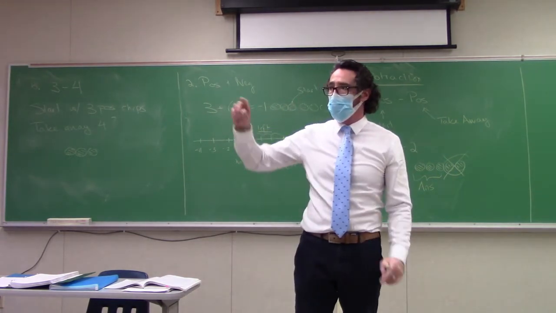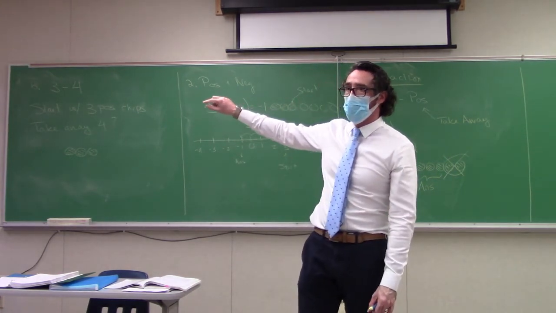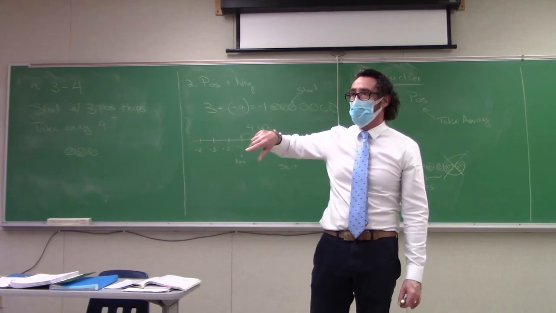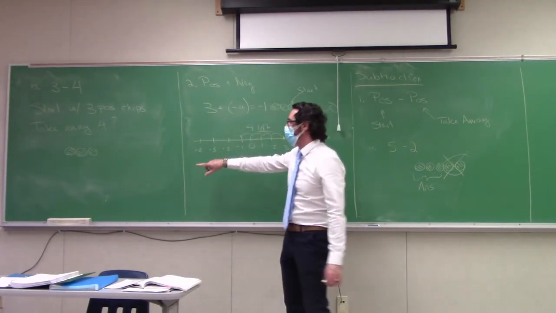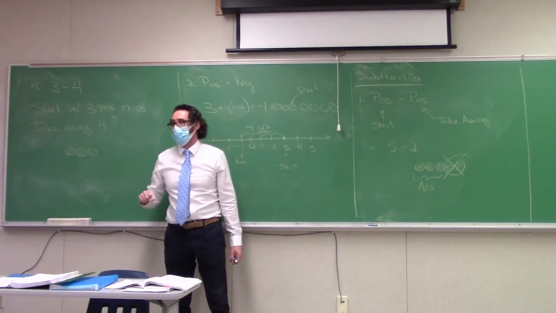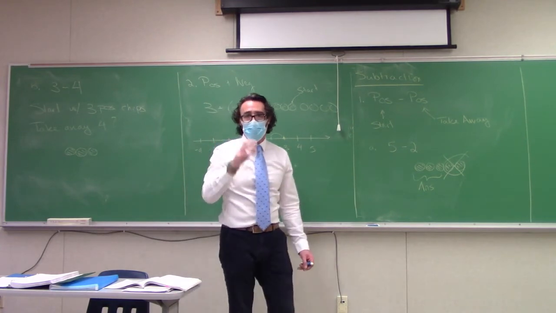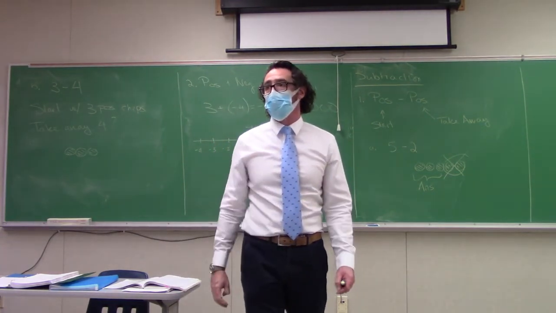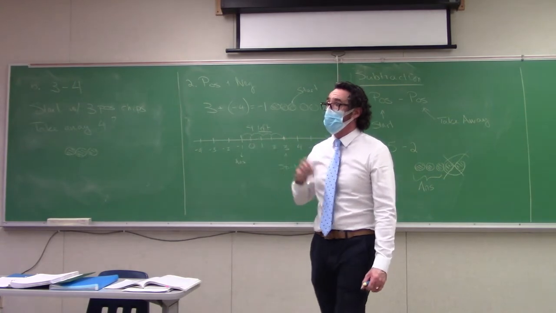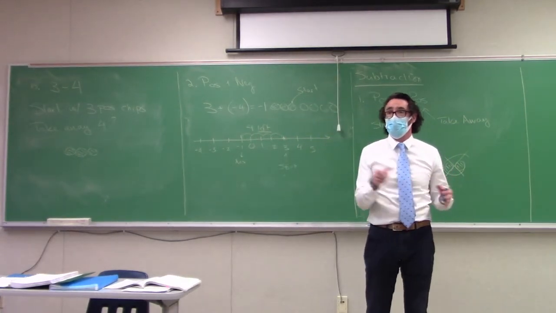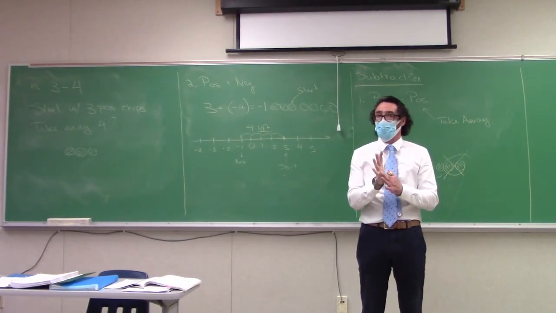However, remember what we talked about when we were looking at ways to represent numbers. This isn't the only way to represent 3. Give me an alternative way to represent 3. In particular, an alternative that would allow me to take away 4 chips, 4 positive chips.